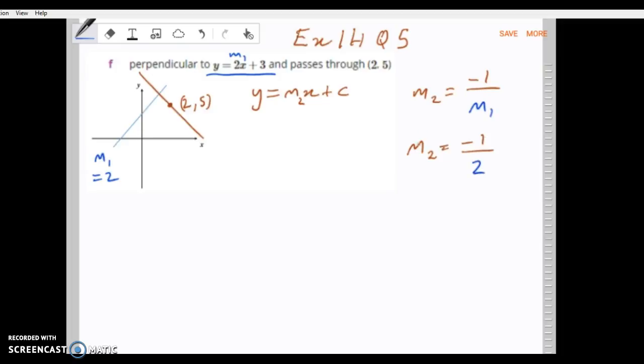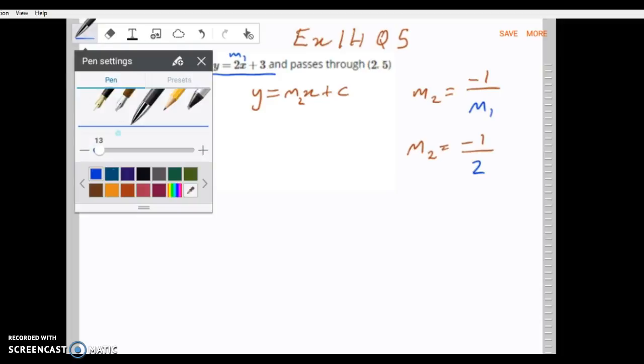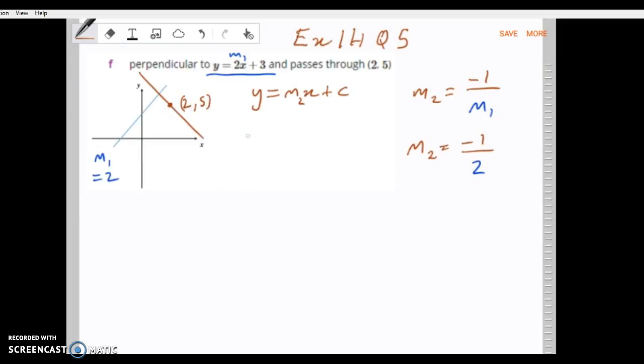Okay, so that's fine. So we know that this equation is going to look something like this: y equals -1/2 x plus, well, c is our y-intercept.